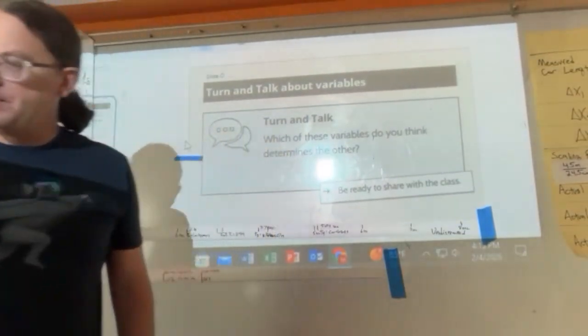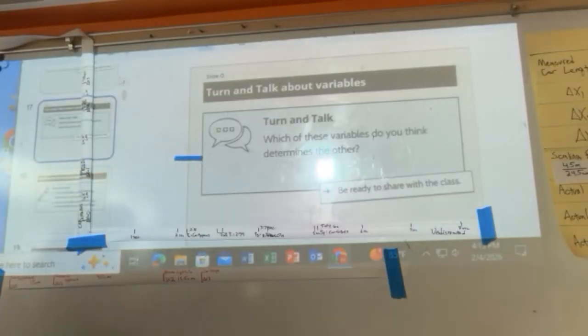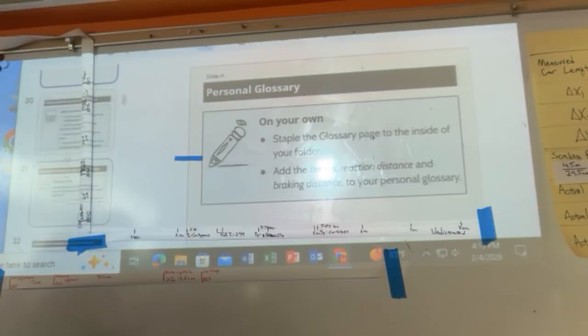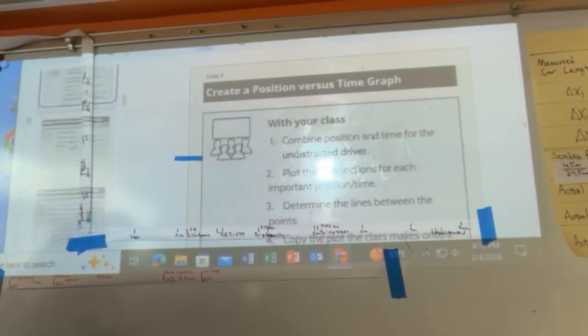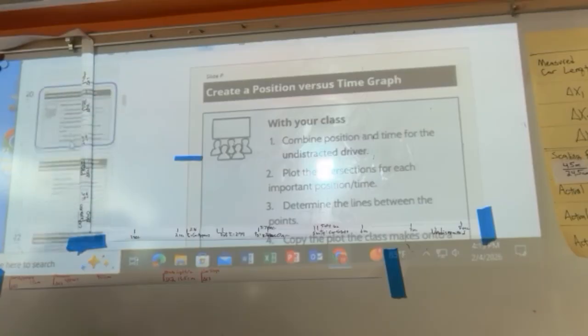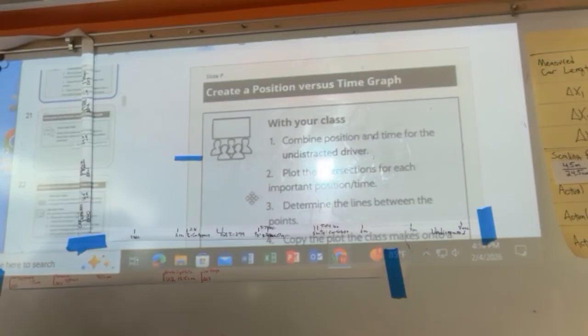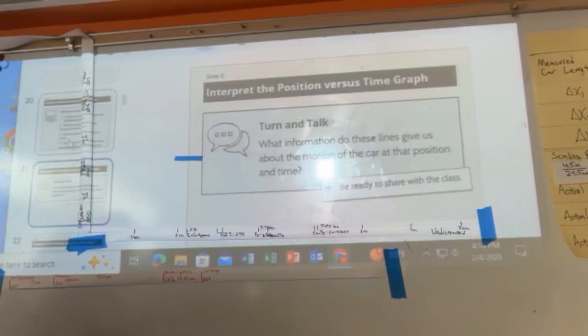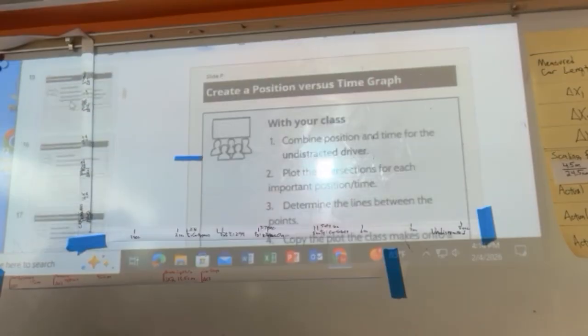So now, how can I represent the position and time? I'll have to determine the points on my graph. Okay?